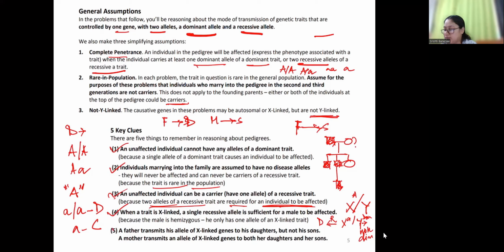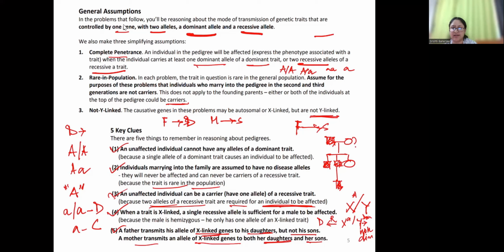So that is what is written here. A father transmits his allele of X-linked genes to his daughter, but not his sons. And a mother transmits an allele of X-linked genes to both daughter and son. In terms of disease, mostly the disease is transferred from mother to son, and the carrier form is transferred to the daughter.